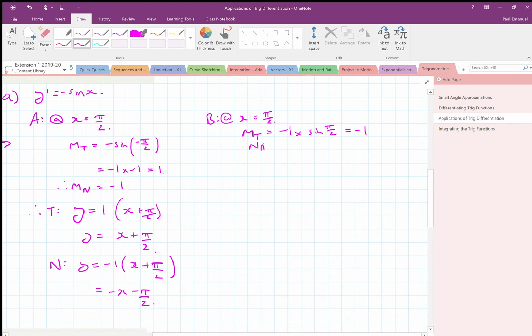So the gradient of the normal is positive 1. So the tangent is y equals negative x plus pi over 2. And the normal is y equals positive x minus pi over 2.